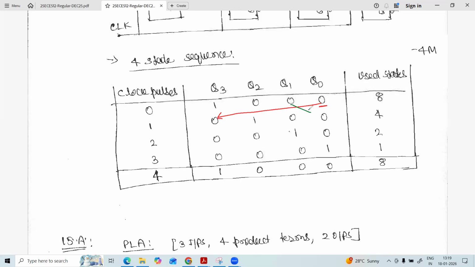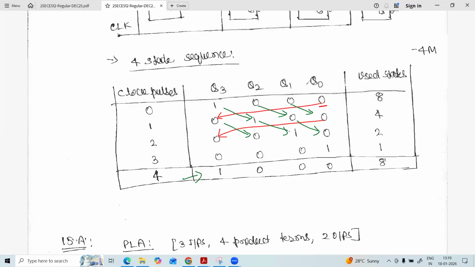This is shifted here, this is shifted here, this is shifted. Again, the last output, the rightmost flip-flop output, becomes the input to the first flip-flop, and again it is shifted. So like this, after 4 clock pulses, we obtain the same states. That's why it has only 4 unique states here. So that is represented here.